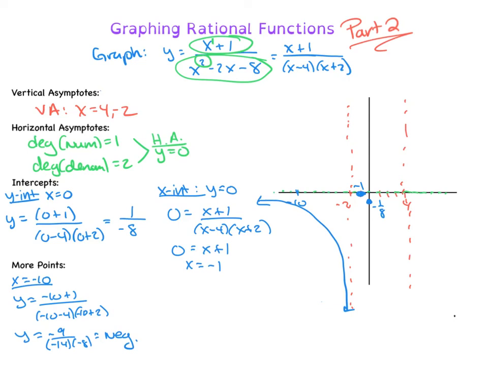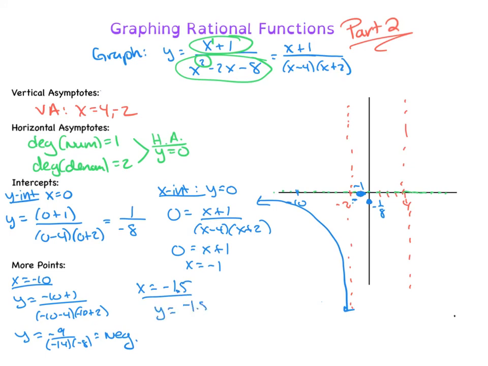Okay, I should technically plug in something here. Oh no, I'm sorry, I do not need to plug in anything. Well, I should plug in something right here because I don't know whether this graph goes up or the graph could go up and come down. So I'm going to plug in x equals negative 1.5. And again, I'm just worried about the sign.